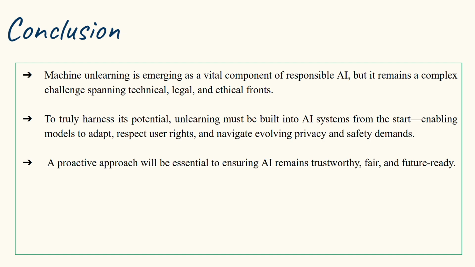As AI systems evolve, it is essential to integrate unlearning capabilities from the outset, ensuring that models are designed to adapt and comply with privacy, safety, and copyright considerations from the start, rather than trying to retrofit unlearning later on. This proactive approach will be the key to addressing the multifaceted concerns surrounding AI's future user impact.